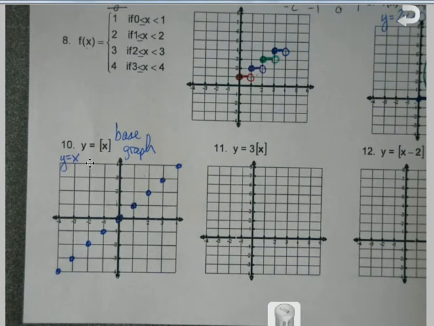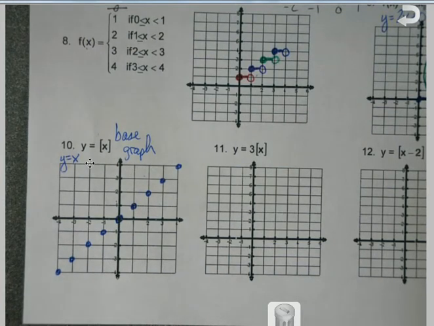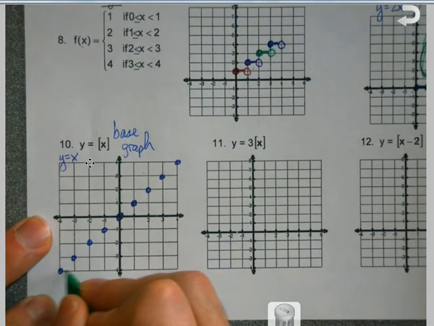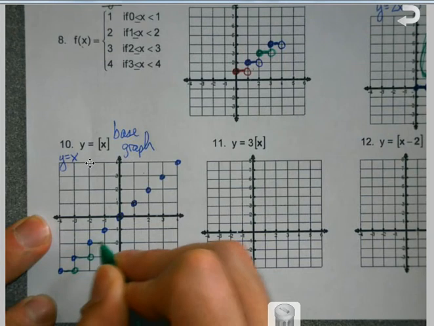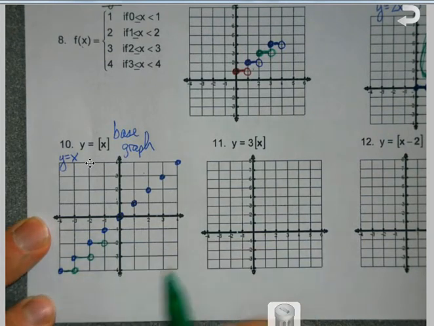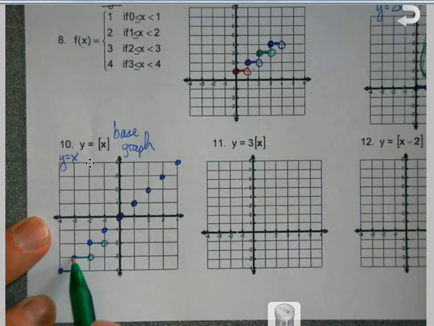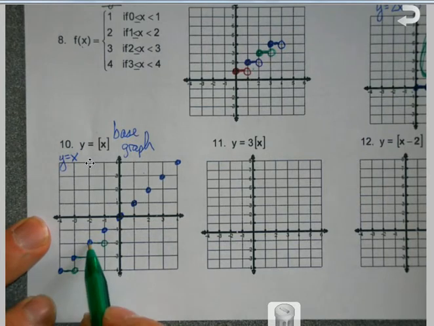Once I have those, my job is to make my steps. And again, they're going to be 1 unit in length. And then I put my open circle at the other end, because you'll notice I get to the end, open circle, shifts up to the closed circle above it. Over, whoops, open, shifts up.